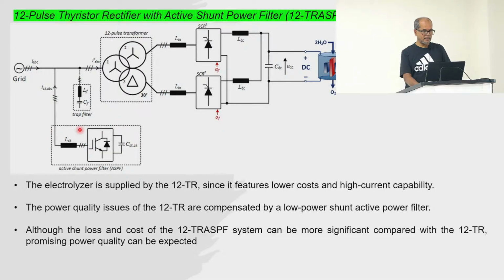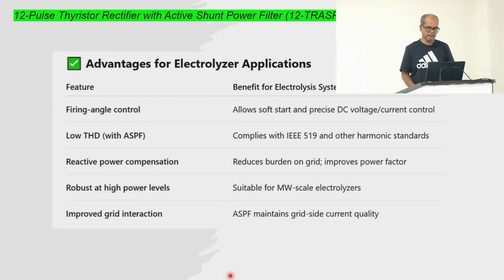So here we can even reduce that by utilizing another shunt active power filter as well. So that's the difference if you compare with the previous cases.